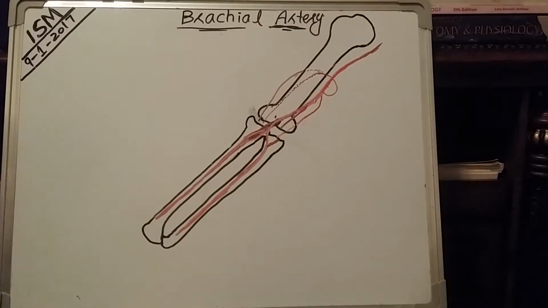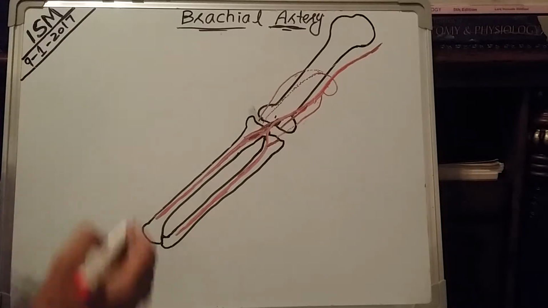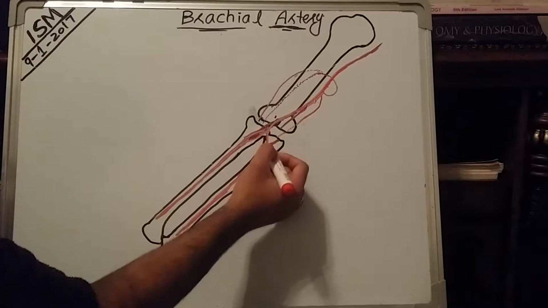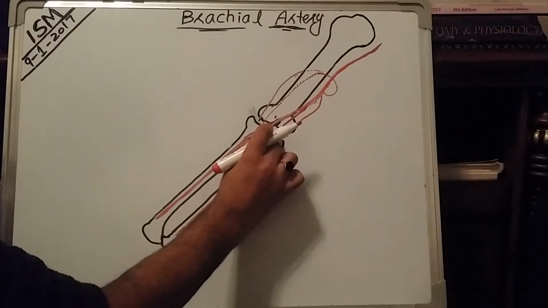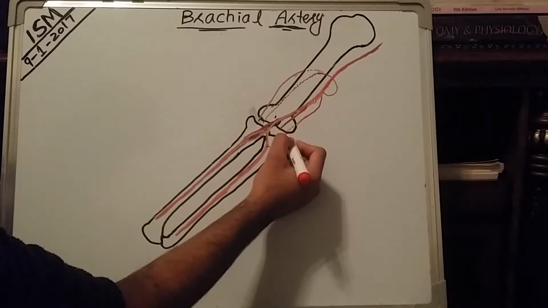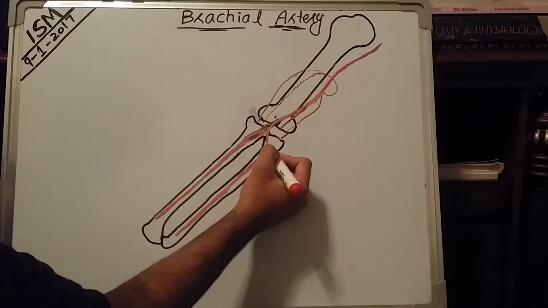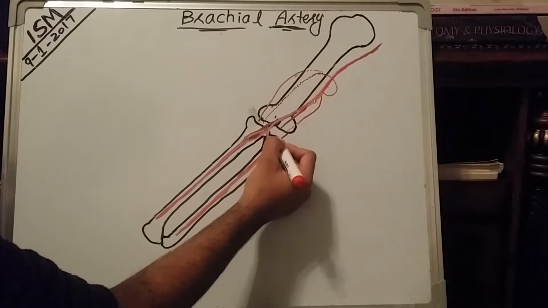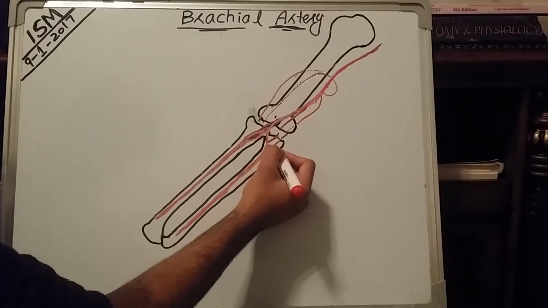At the same time, the ulna gives rise to another branch, the posterior ulnar recurrent artery. So I have to make a somewhat bigger diagram. This one artery, second artery, two arteries from here.